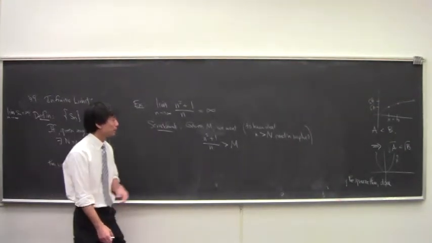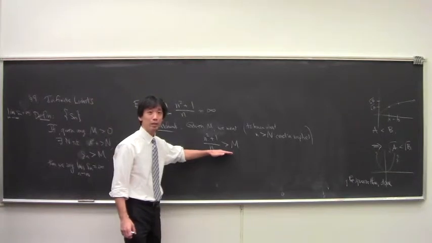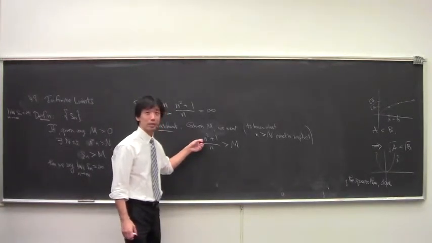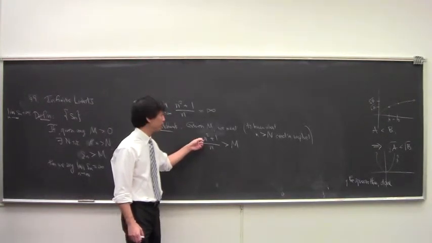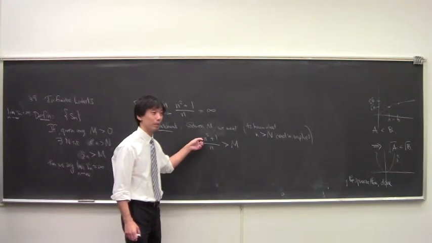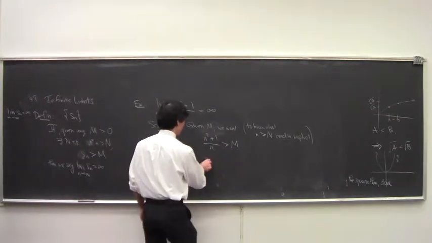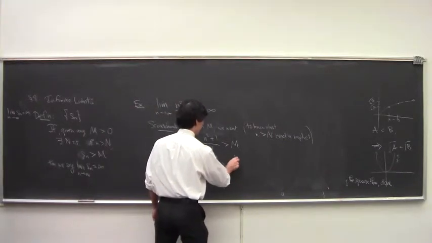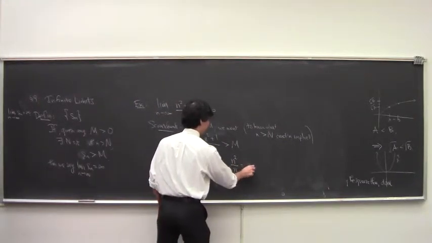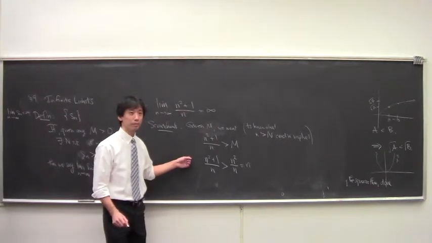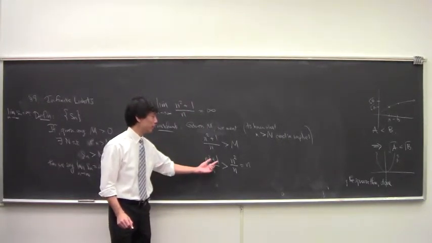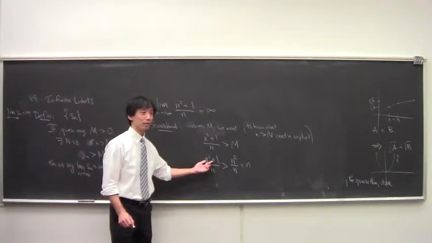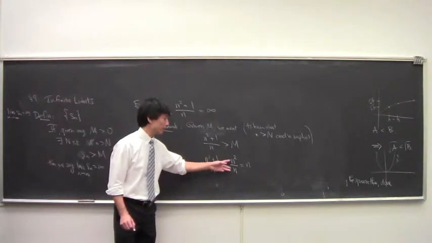Okay, so this is a pretty simple one. Maybe you can't see it immediately, maybe you don't see directly what the N has to be, but you say, well, look, n squared plus 1 over n is bigger than n squared over n. N squared plus 1 is bigger than n squared, so this thing is bigger than n.